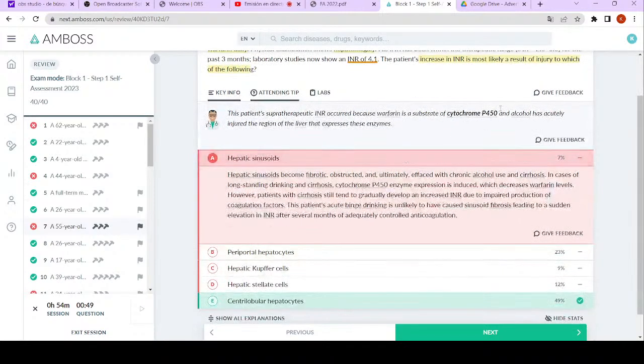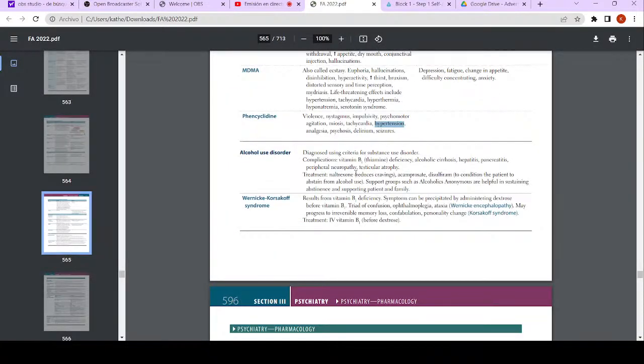But what you have to know is that there's an increase of this because there's an injury of this place, not because of the warfarin, but because of this new binge. Of course, the warfarin works there and elevates the INR, but not that much as we can see here, because this patient has this acute intoxication. So here they explain all the stuff, but you can see better in the FA.